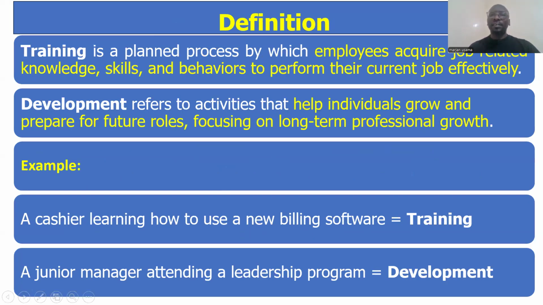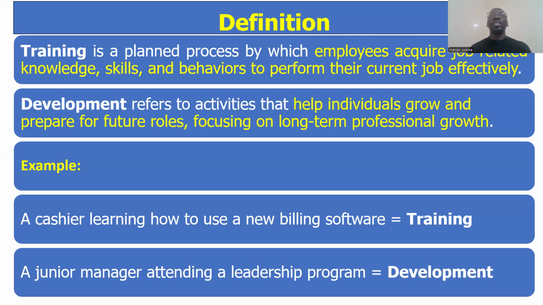So as we start, it's very important to define what training and development is. But before we define it, you have to know that in our last lesson, we were talking about recruitment and selection. Now, when we are through with the recruitment and selection, and the employees are already working in an organization, a good organization will always have training and development programs for their employees.